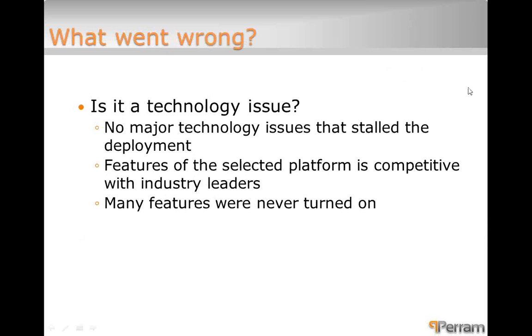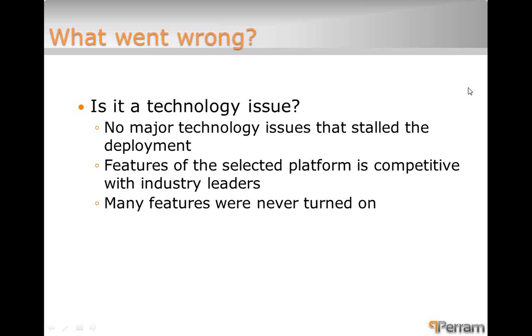So the first thing most of our clients do when they've had an implementation that's been stale and not really meeting their expectations for a while is start to take a look at what went wrong. And the first area to look at is the technology and try to determine whether the ECM platform that was chosen and deployed had any real issues with the technology that led to the lack of adoption and lack of rollout.